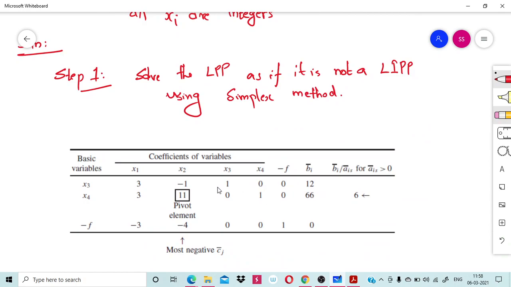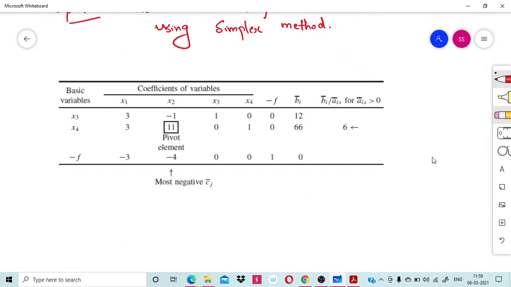That means you have to write that in standard form or canonical form, and you can write the tabular column.